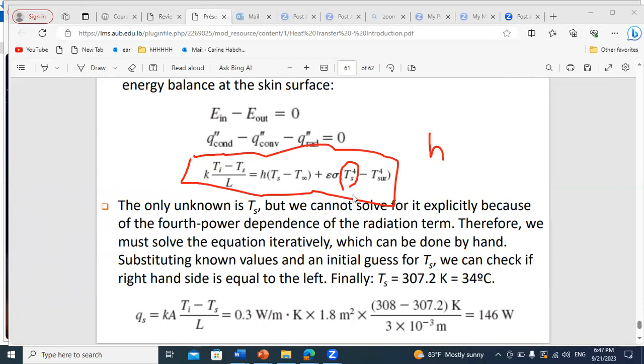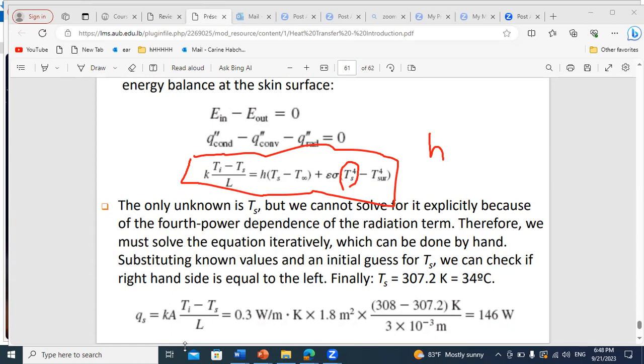Now, in the second part, we want to find T surface, but in case we have water in contact with the skin layer. We know that water is characterized by a larger convection coefficient. So we can expect that whenever we have contact with water, the skin temperature will be smaller.